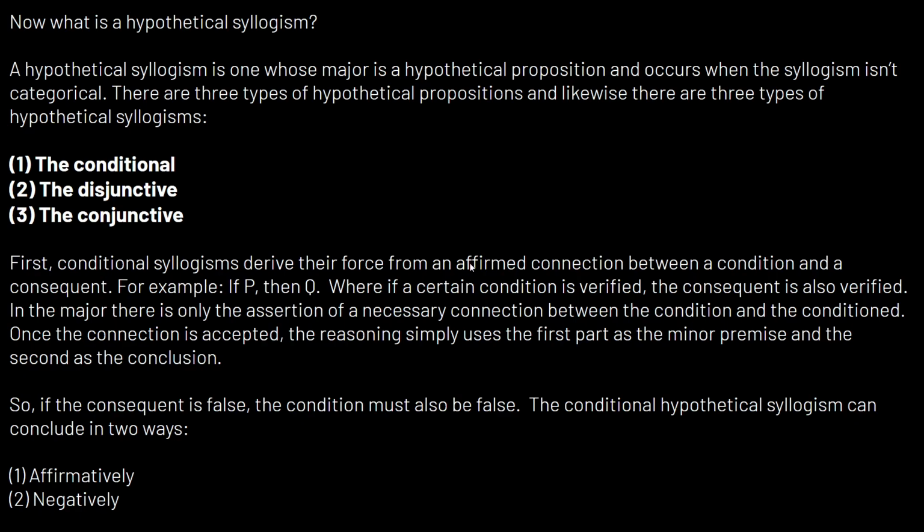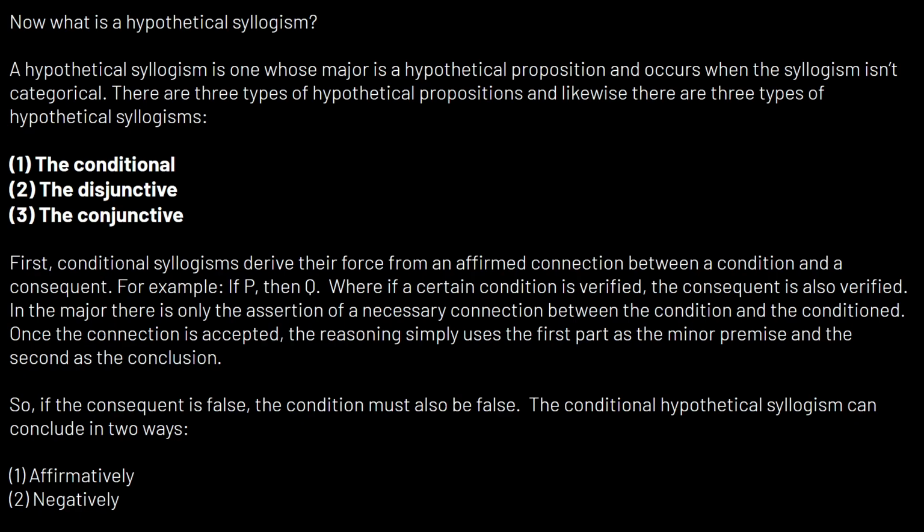Now, first of all, what is a hypothetical syllogism? In short, a hypothetical syllogism is not a categorical syllogism, obviously, but in the most blatant definition, a hypothetical syllogism is one whose major premise is a hypothetical proposition. And it isn't categorical, as I've said, right?